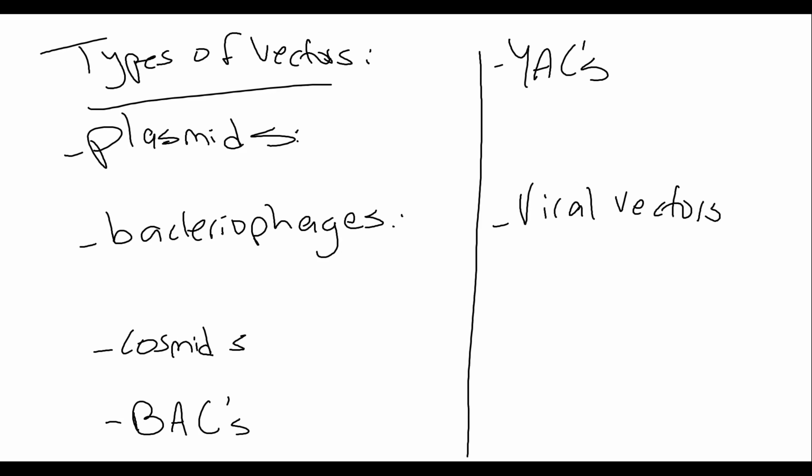What are the plasmid vectors? Plasmid vectors, or the plasmids, are circular DNA molecules found in bacteria. They are the most commonly used vectors. Plasmids often contain an origin of replication and a selectable marker. What is the selectable marker?